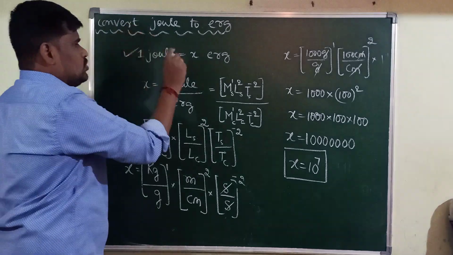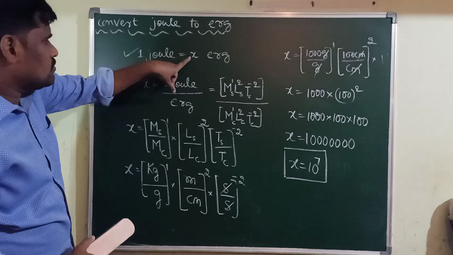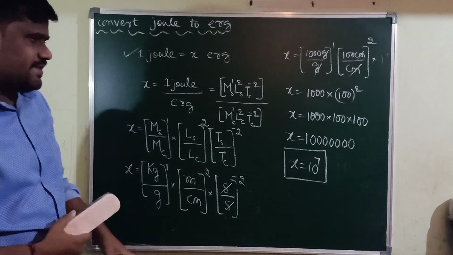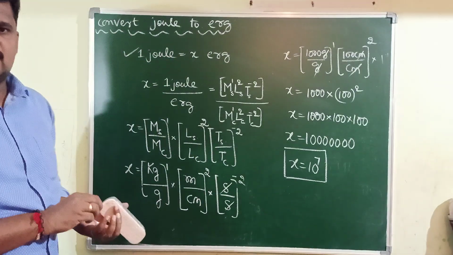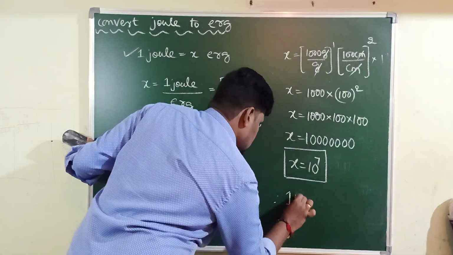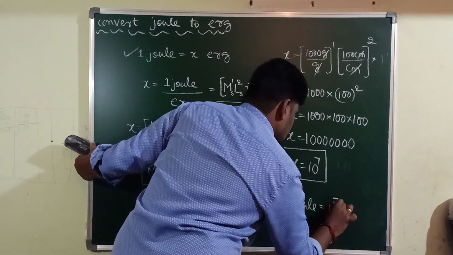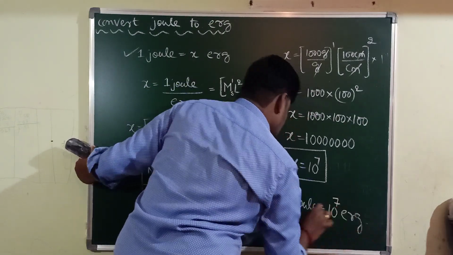Now 1 joule equals to how many ergs? 1 joule equals to, I have taken as x erg, but x value is how much? 10 to the power 7. Therefore, what can I write? 1 joule is equal to 10 power 7 ergs.